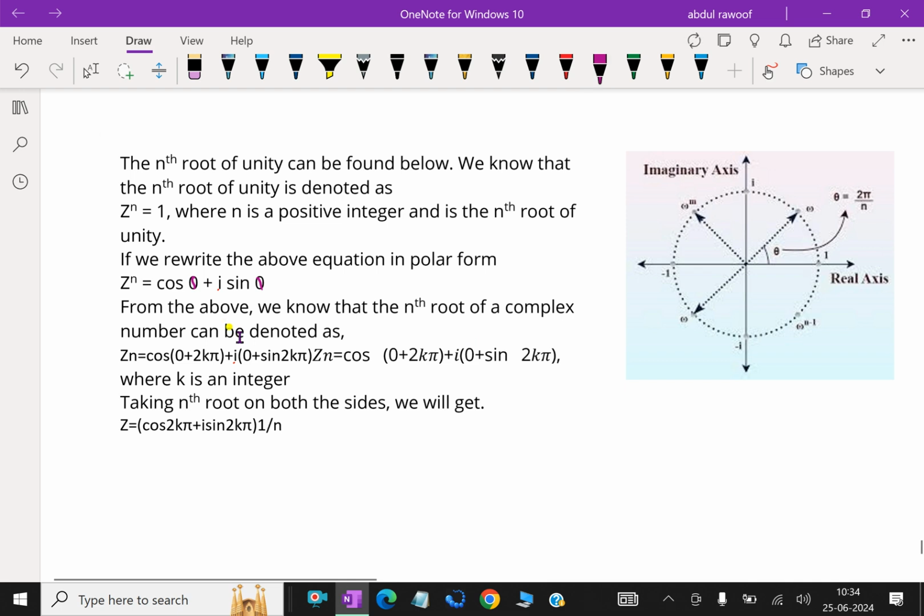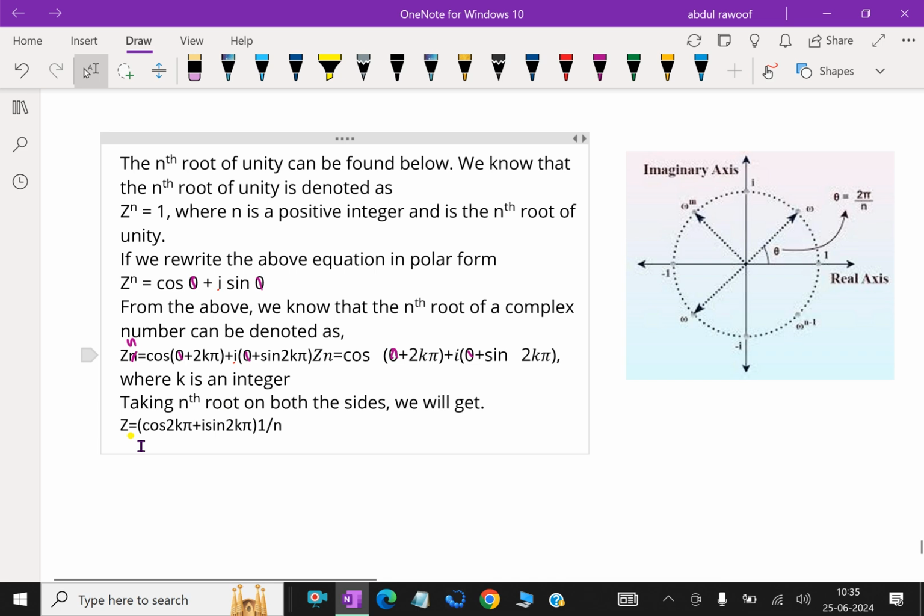From the above, we know that the nth root of the complex number can be denoted as z power n, which is cos (theta plus 2k pi) plus i sin (theta plus 2k pi), where k is an integer.